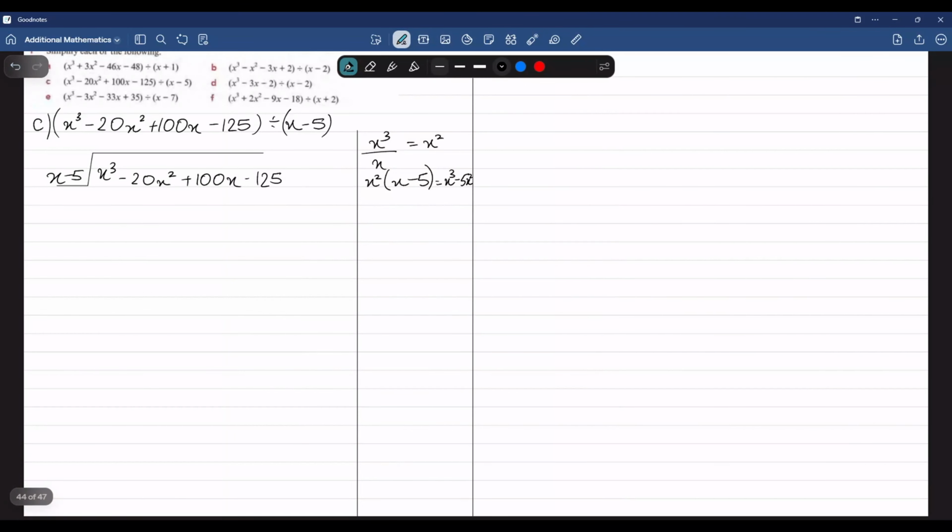Now, it's really important that you know the concept behind what we're doing, because if you don't, and if you don't practice these questions, you're going to be confused in every step of it. And to be honest, division of polynomials is a really important topic because it comes everywhere in maths, AddMaths, further maths.